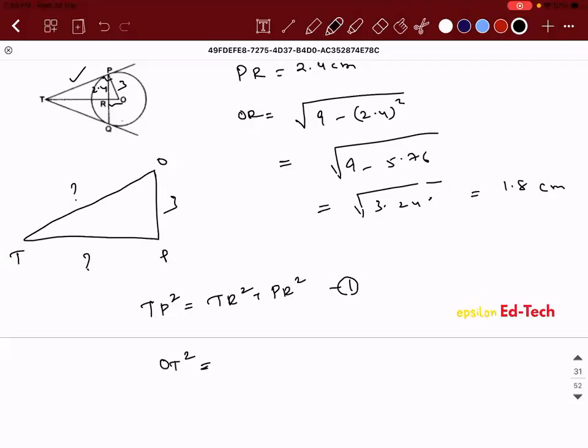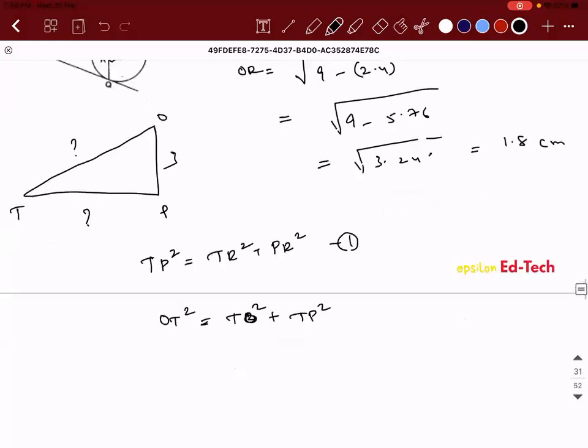OT square will be equal to TO square plus PT square. Correct? Right, or TP square, whatever it is. Now, how to solve this? So, what are all the known values to us?